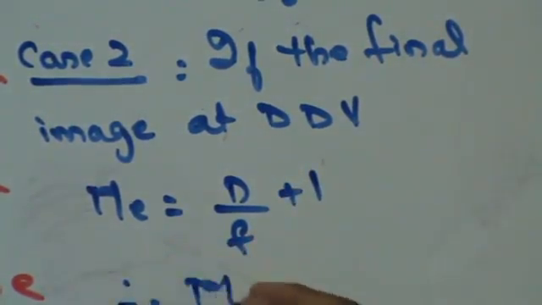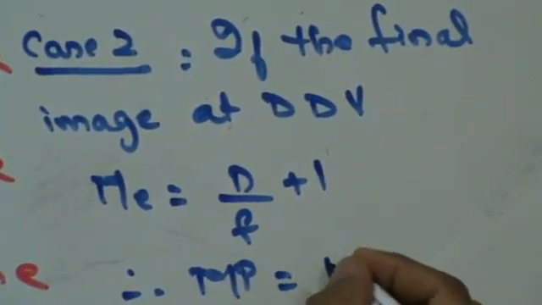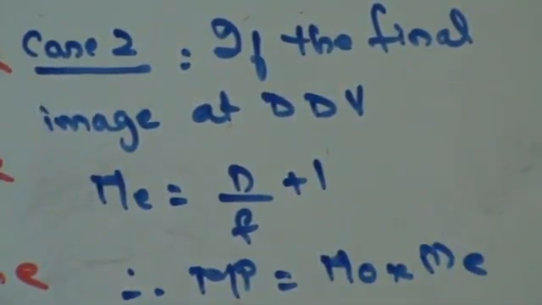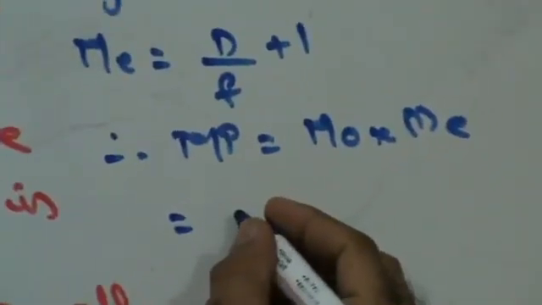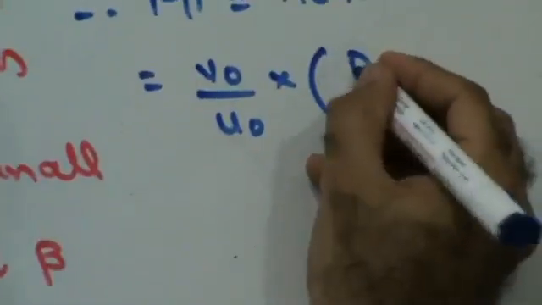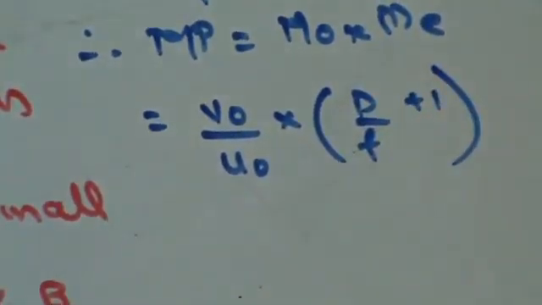Therefore, magnifying power is M0 into ME, objective into eyepiece. Objective is V0 upon U0 into D upon F plus 1. That will be the magnification of a compound microscope if the image is formed at DDV.